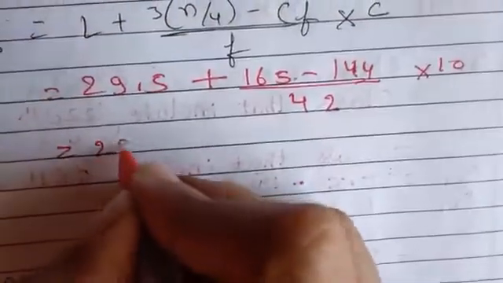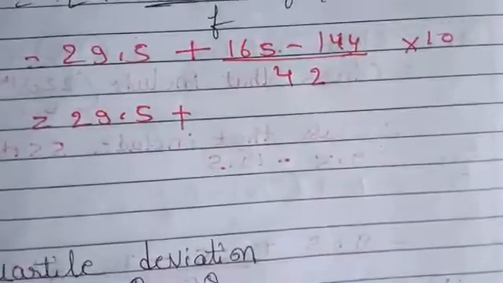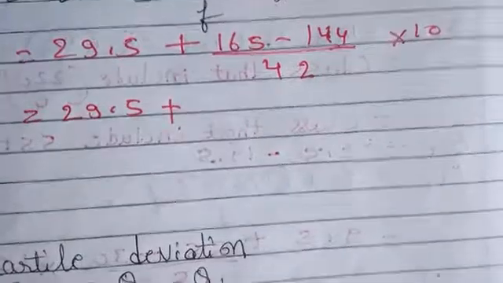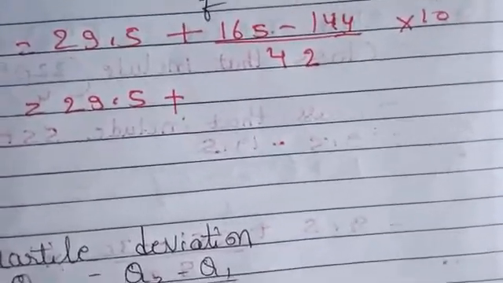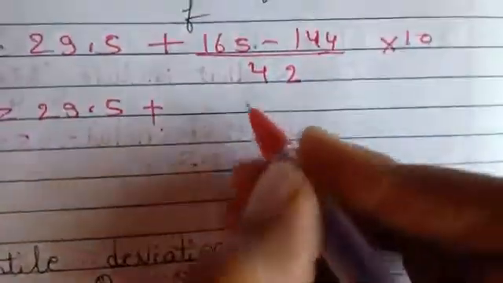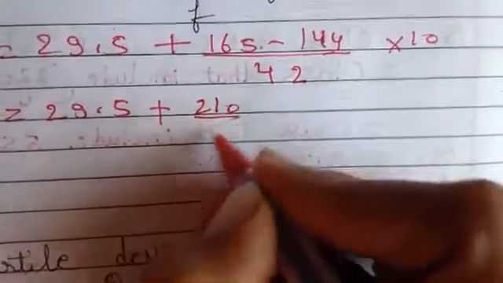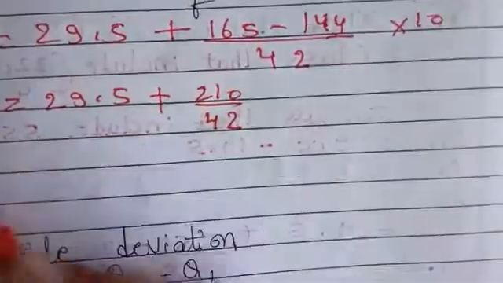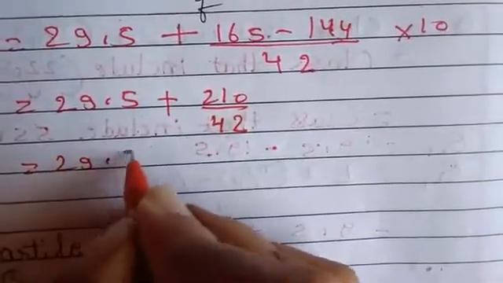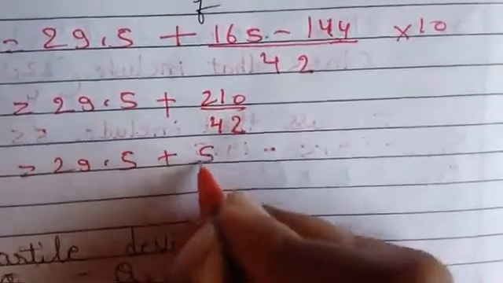So 29.5 plus 165 minus 144, that is 21, and 21 into 10, 210 divided by 42, that is equal to 29.5 plus 5.